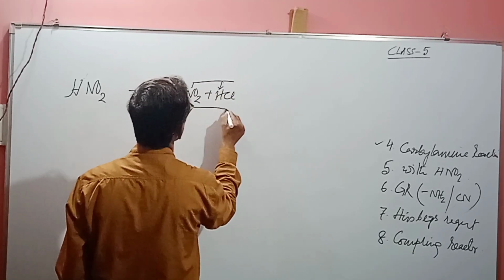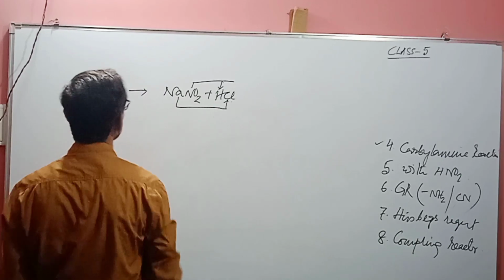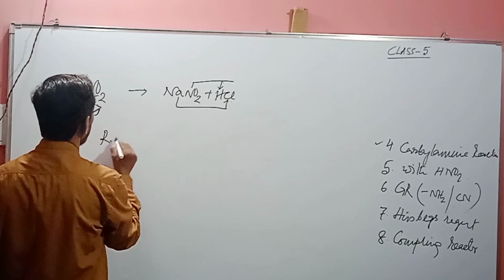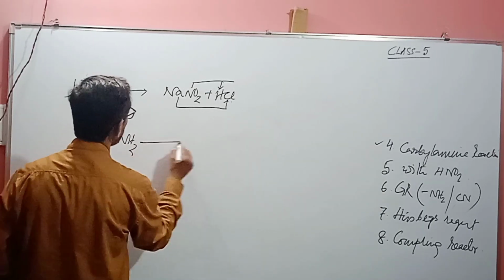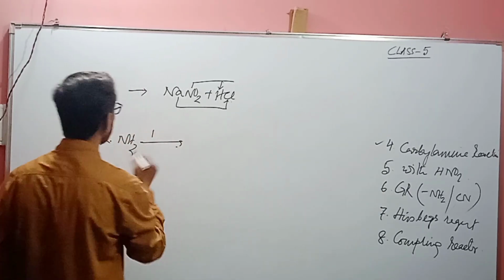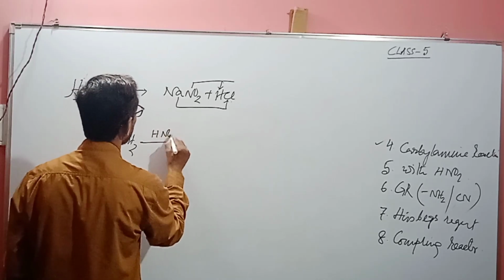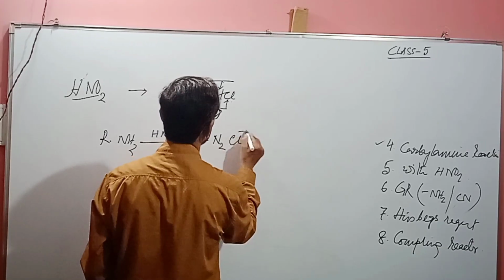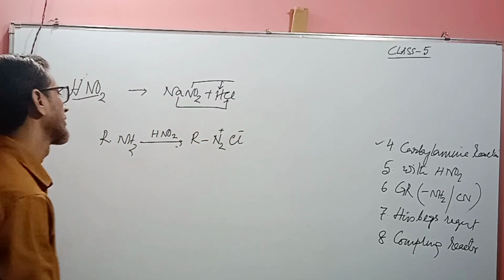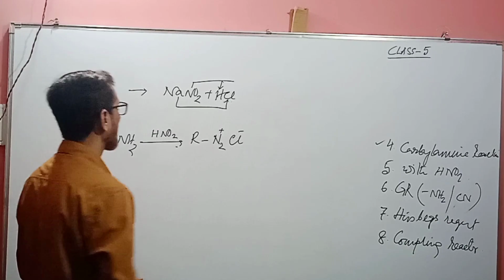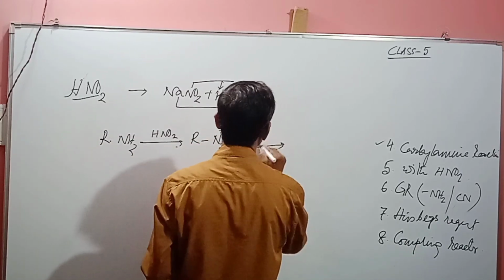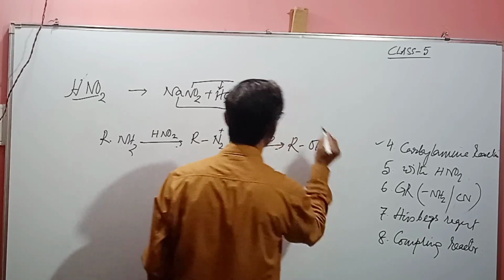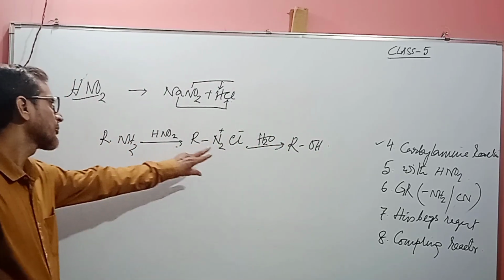So nitrous acid very easily reacts with amine to give diazonium salt, alkyl diazonium salt, and when it is made to react with water, it gives alcohol. It's a very important one.